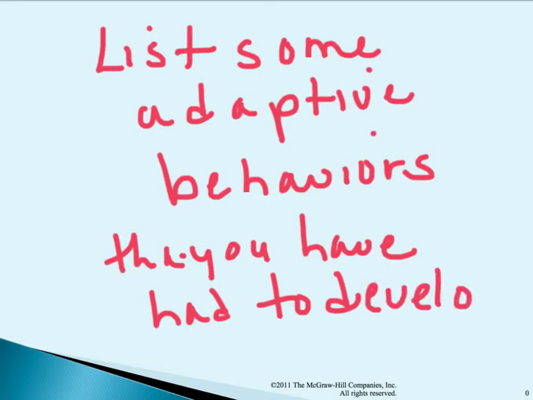See, we're coming back to that word, development. Adaptation, adapting, adjusting is part of our development. So list those and bring them to class next time for us to talk about those examples.